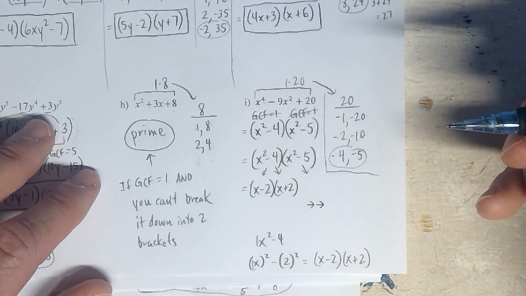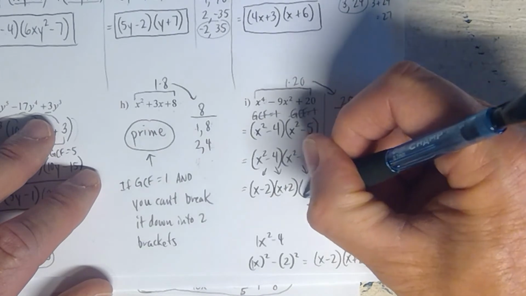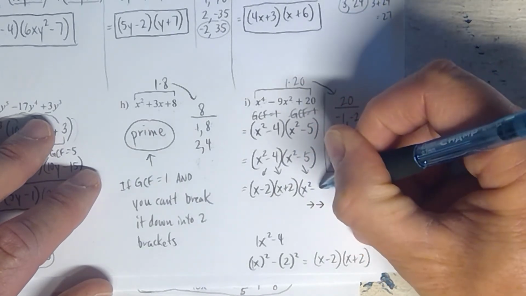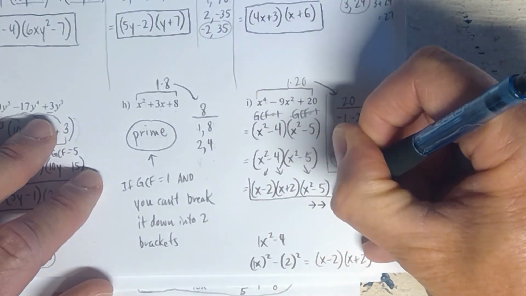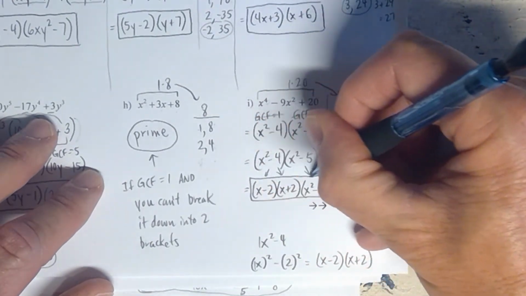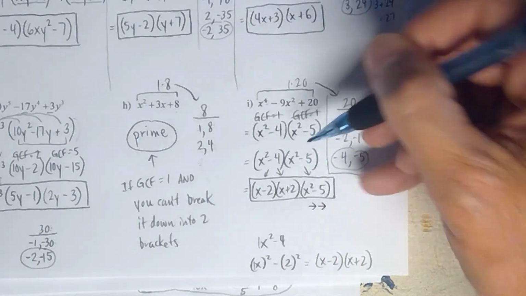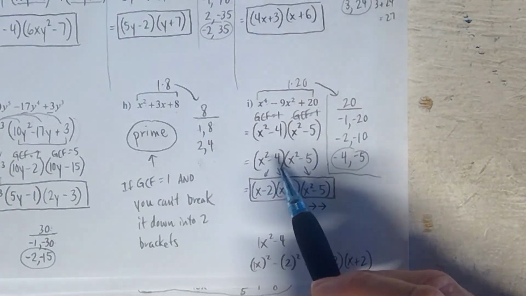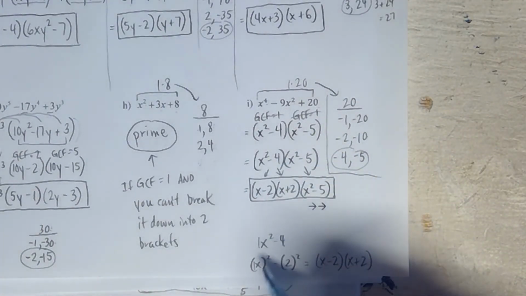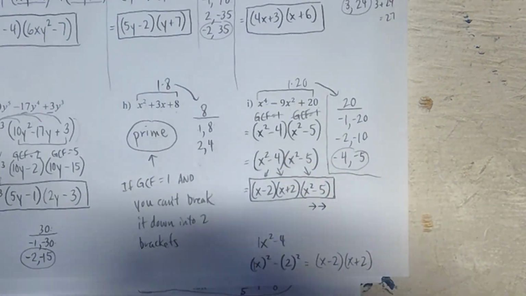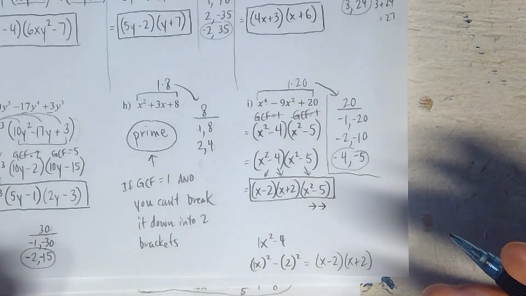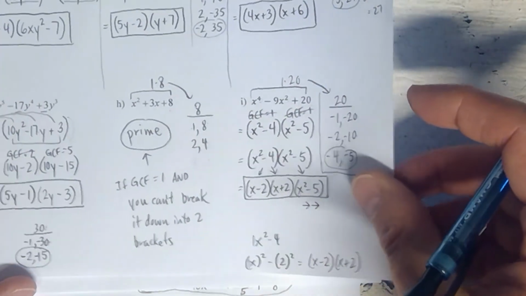We don't know what's being squared to equal 5, so that one, we leave it alone. Sometimes when you get your two brackets, one of them will fit into this formula and needs to be broken down further, and you'll end up with 3 brackets. Let's get some more practice on that.